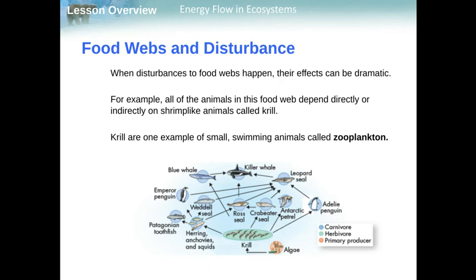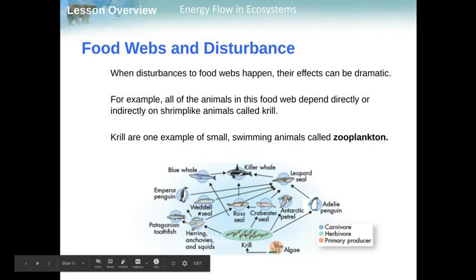Now, disturbance. So this is a very big thing to focus on in ecology. So when disturbances to food webs happen, their effects can be dramatic. Okay, so if we look at this, everything in this entire food web is connected directly or indirectly to krill. So we see right here, everything is connected directly or indirectly.